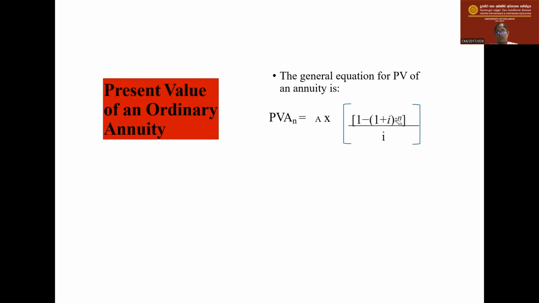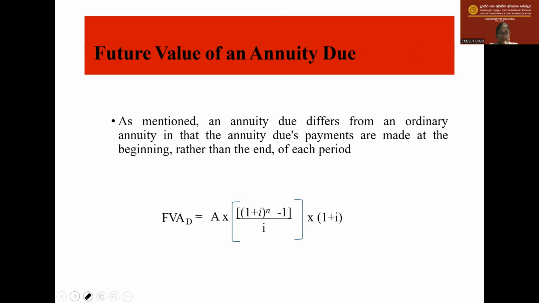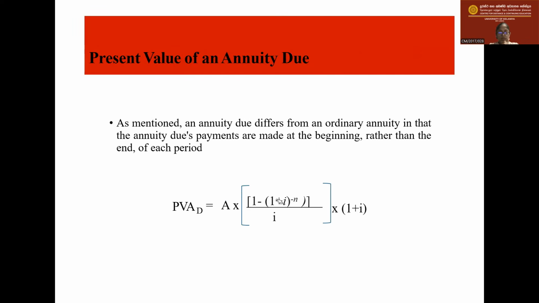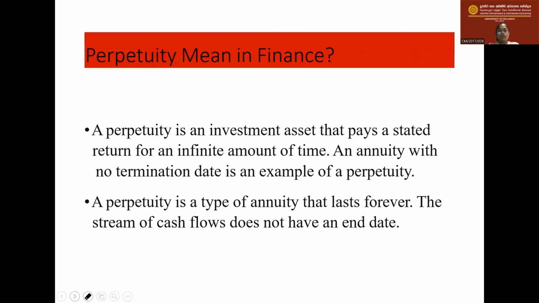Here not minus, it's a negative n, right? The exponent becomes negative, divided by I. The same thing. Right? 1 minus 1 plus I power of negative exponent over I, multiplied by 1 plus I, right? Okay, right. Don't worry, we will be having the sums.